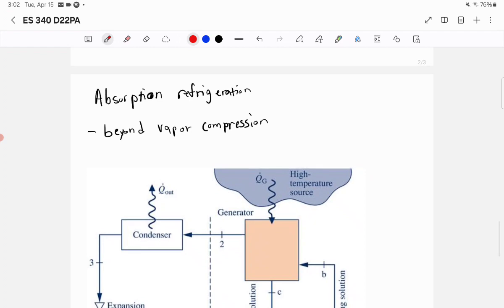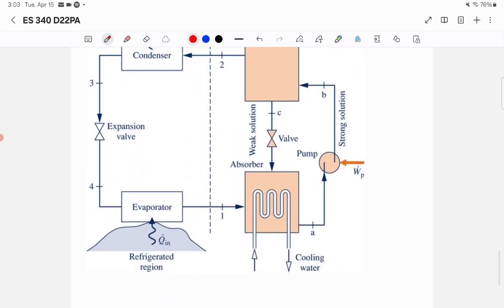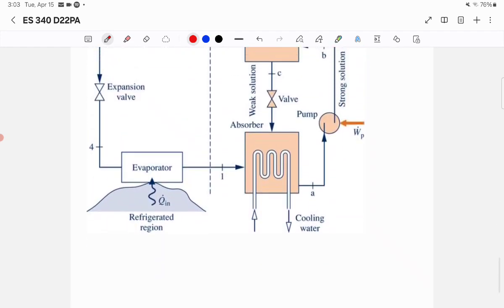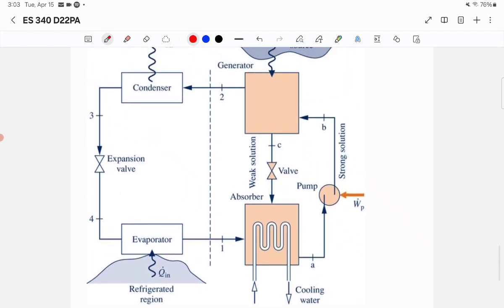Now the next thing is absorption refrigeration. This process actually differs from the vapor compression type system. It has some similar kinds of details, but it also differs in the way things work here.